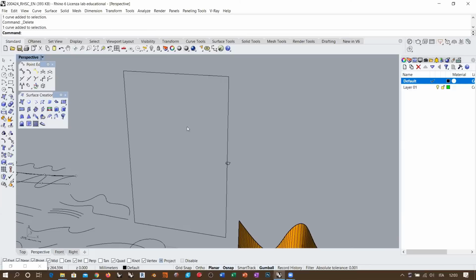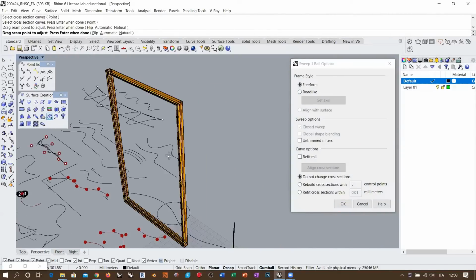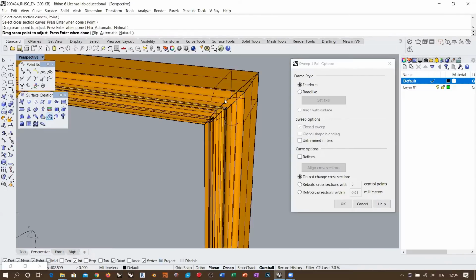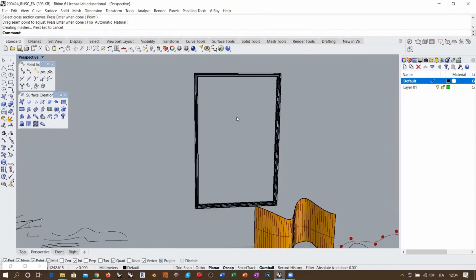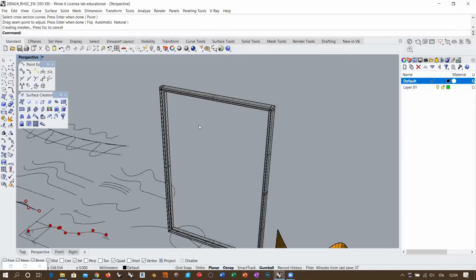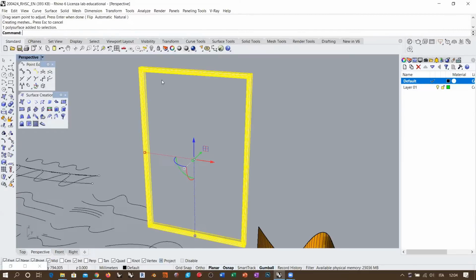Now in this case, I can use the sweep one rail using this rail and this section, because I know that as the situation is extremely regular and controlled, what I get eventually is this perfect sweep along the one rail that I'm using. Now, eventually here I would do some topological consideration in terms of, is this the best topology possible for this frame?